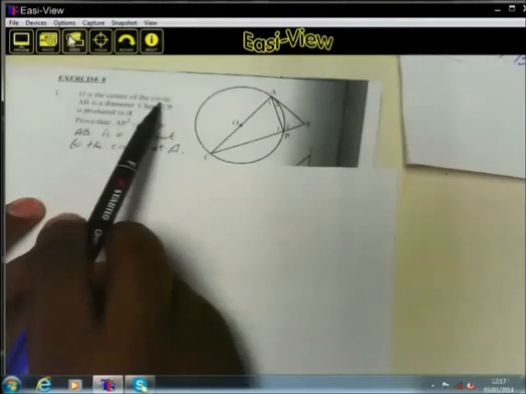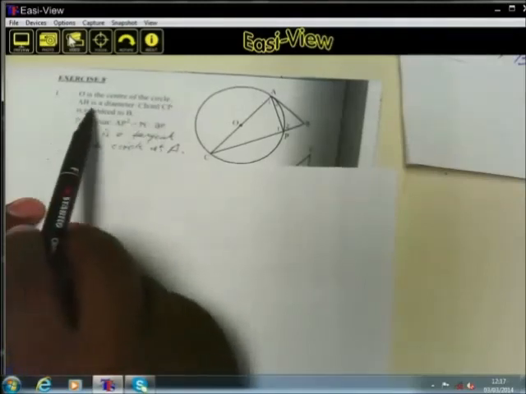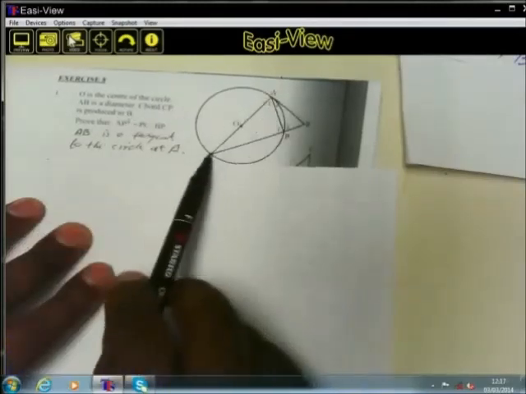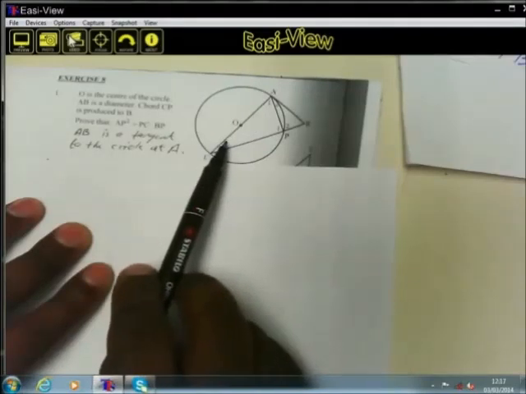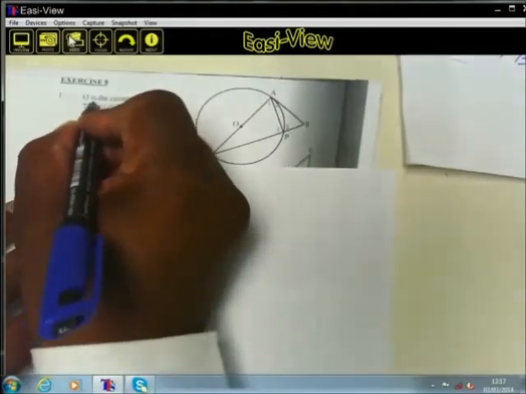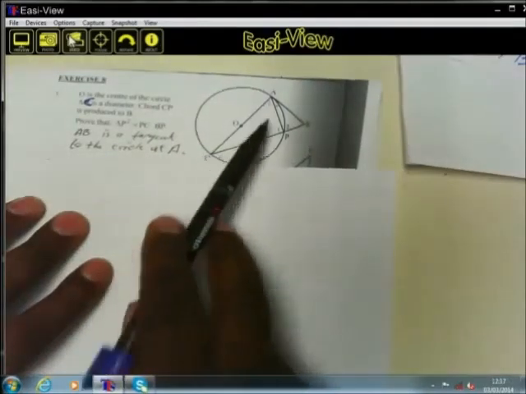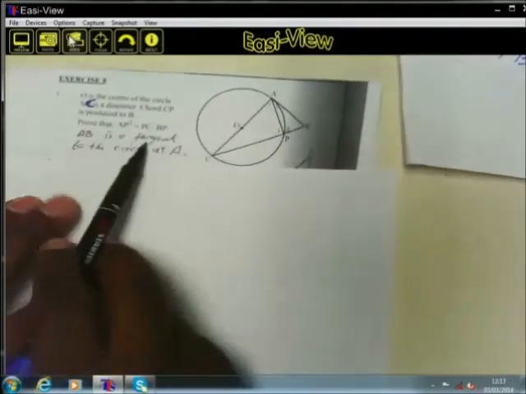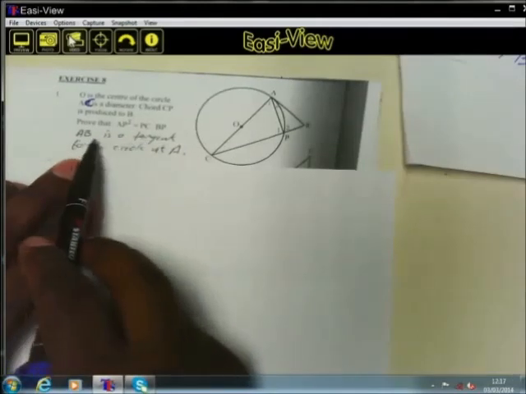O is the center of the circle. AB is a diameter. Maybe AC, can I say AC is a diameter, not AB? The diagram is not drawn properly. Can I rectify that? AC is a diameter, not AB. AB is a tangent. Here I've written it by hand.